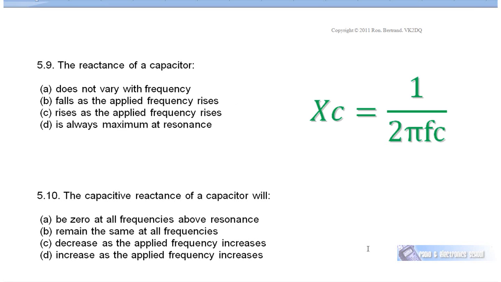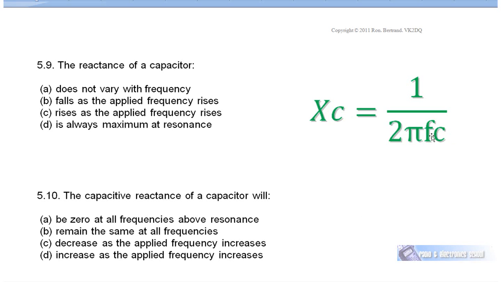Okay, questions 5.9 and 5.10 are both similar questions, and I've put the equation for capacitive reactance up. Capacitive reactance XC equals 1 over 2 pi FC. And just to remind you what that's telling you, because everything is in the denominator, capacitive reactance is inversely proportional to everything in the denominator.